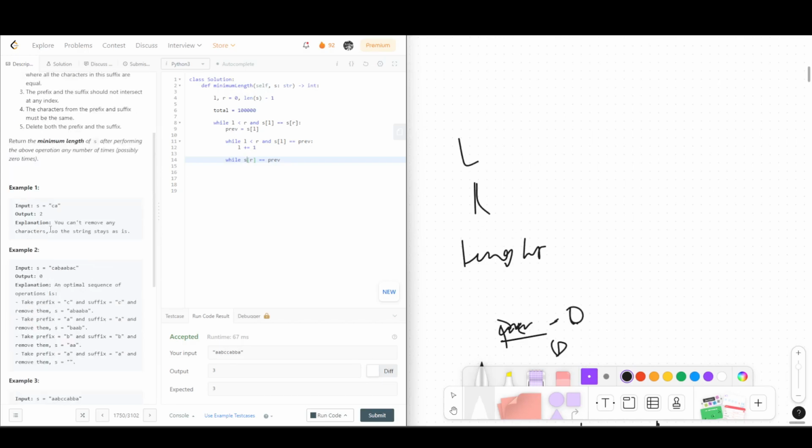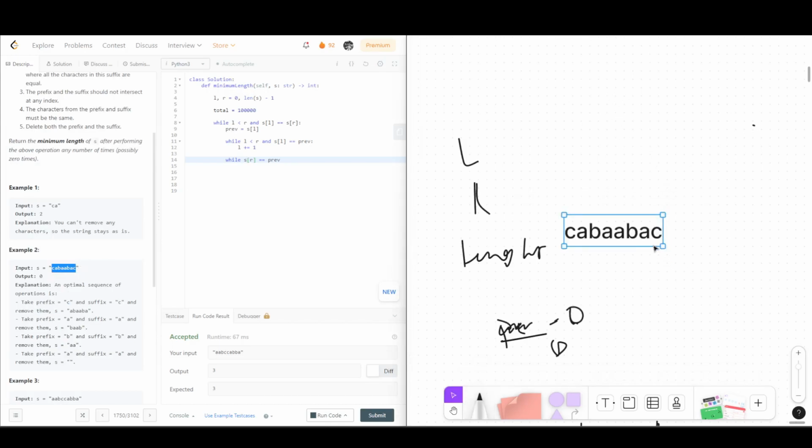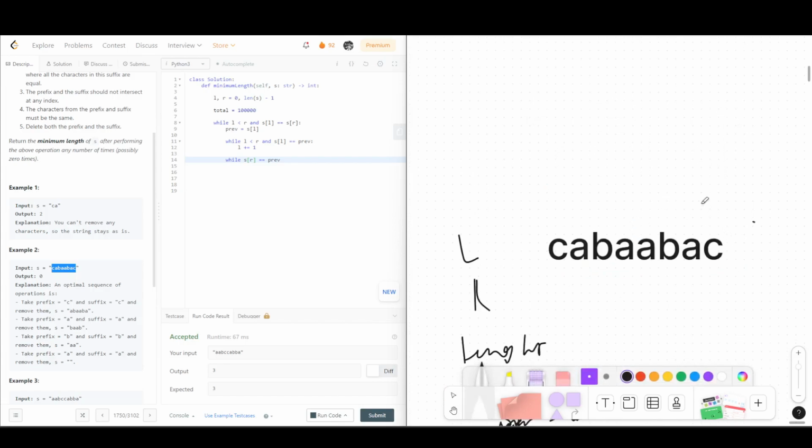A good example. Because when you get to this point, you can remove them directly, but we need to make sure.